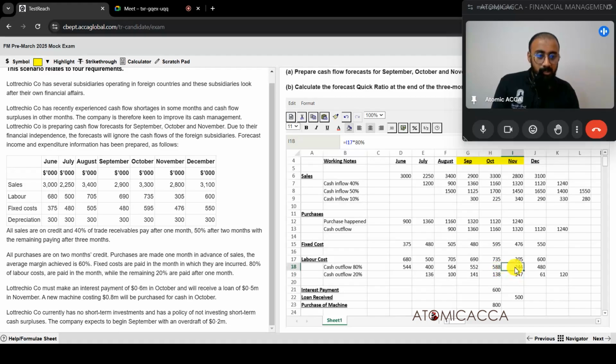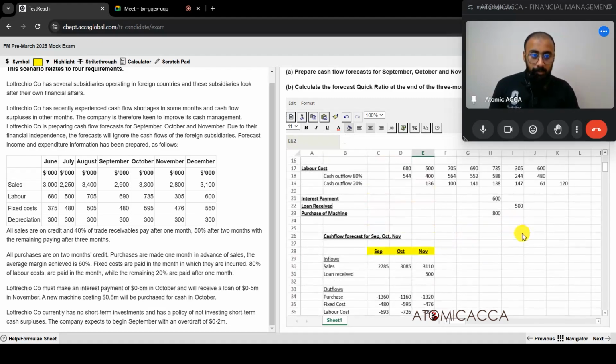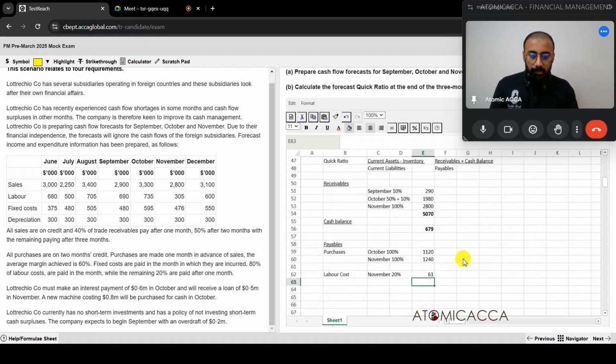November, 80% is happening here, 20% is happening in the next month. So 20% of the November labor cost is what is payable as of November. So labor cost will be November's 20% payment. November is 305 multiplied by 20 percent, which is 61.